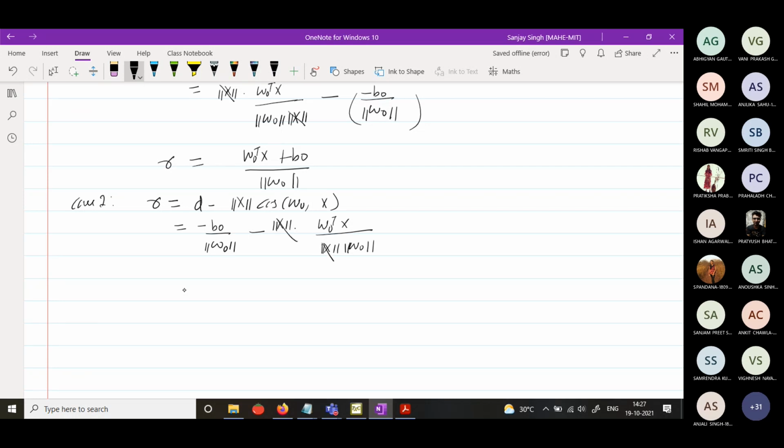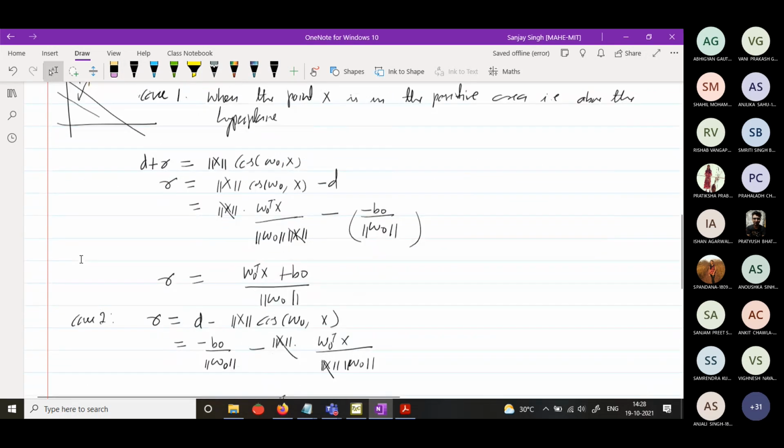This x will go. We can write this as minus b naught minus w naught transpose x, which I can always write as a minus completely, w naught transpose x plus b naught. Right? So this is the r.